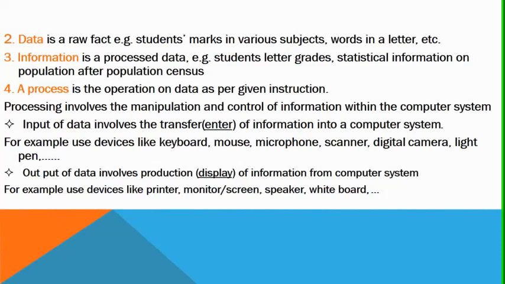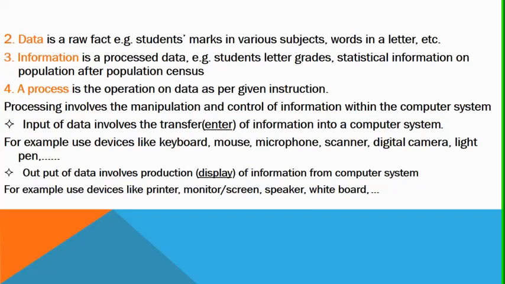For example, if we want to get data inside the computer system, we may use devices like keyboard, mouse, microphone, scanner, digital camera, light pen, and so on. This is why devices like these are called input devices.